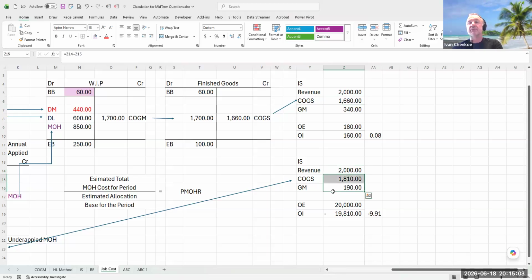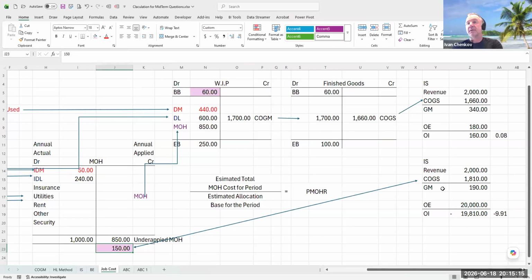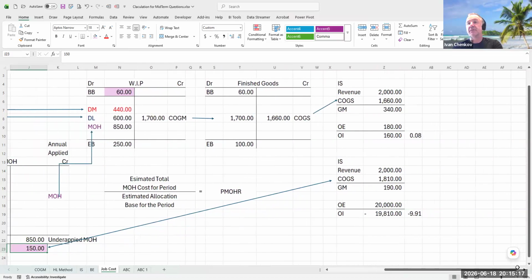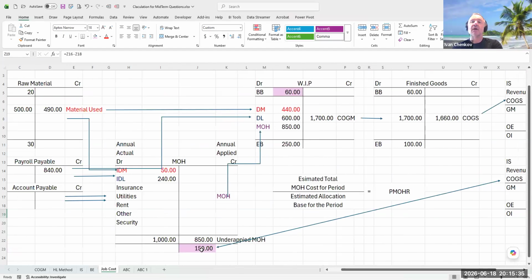Revenue is still the same, cost of goods sold will be this amount plus my under applied or over applied amount. In this case, it's just directly adjusted. We're adding those 150 to 1,600, and my fixed operating expenses are still the same. So my operating income dropped from 160 down to $10, because of the 150 that manufacturing overhead was under applied.